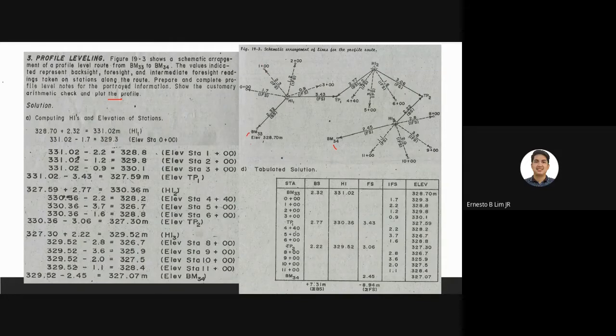The meaning of 1+00 is 100 meters. So say if this station is 1+30, the reading for this distance is 130 meters. For 2+00, this is 200 meters. Okay, so for this example.